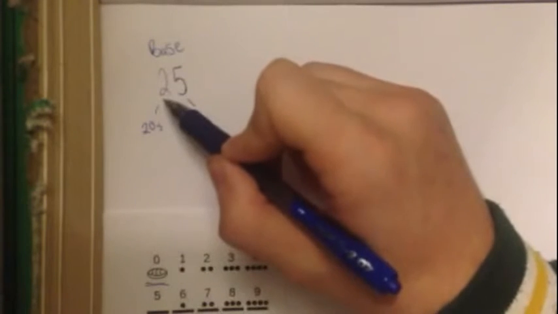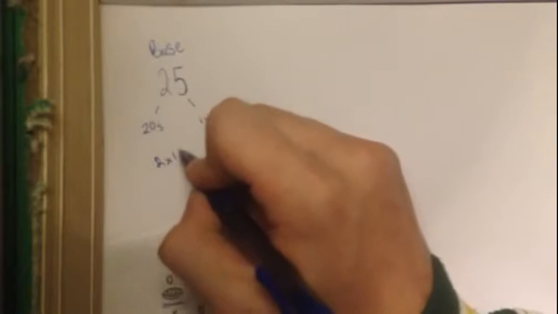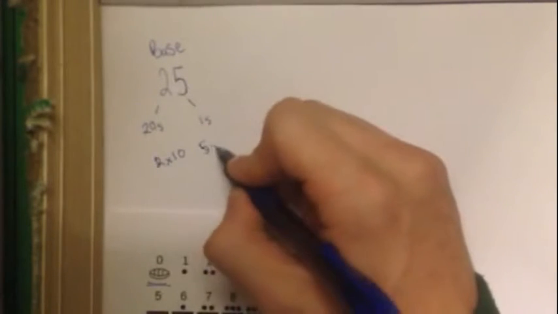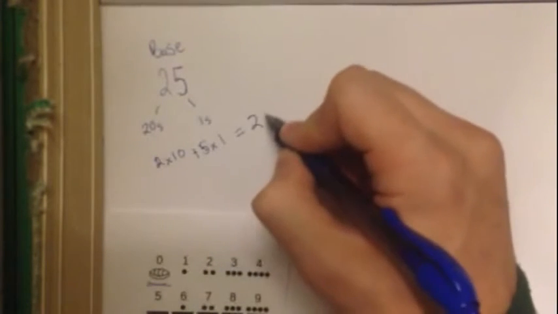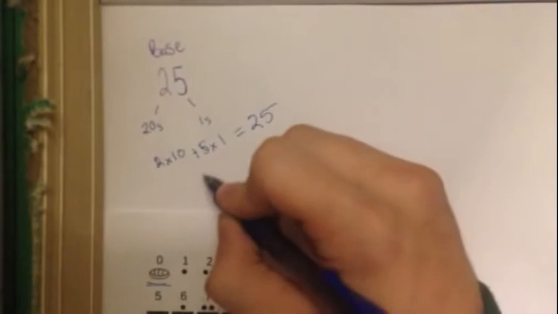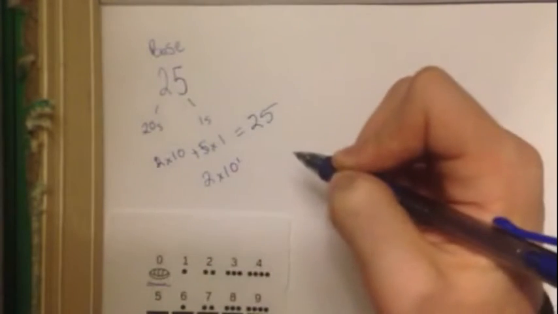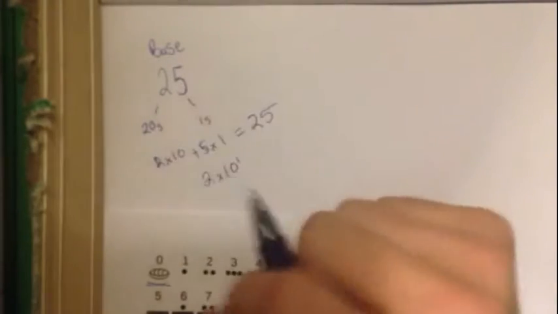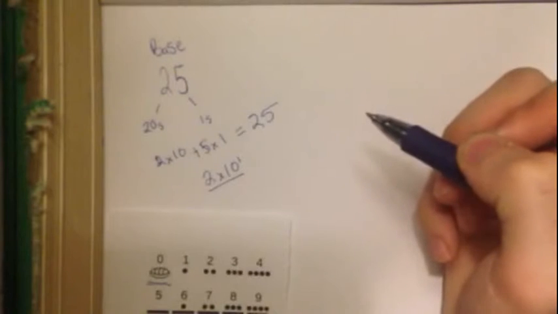So that's 2 tens, which is 2 times 10, and that's going to be 5 times 1. You add them together to get 25. Or you can write that as 2 times 10 to the first power. But we don't really want to get into that, since it's such a small number. But that's another notation that you could write that in.